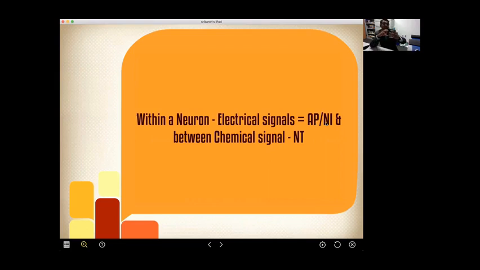The information between two neurons, through the synapse, is transferred in the form of chemical signals called neurotransmitters. That's why, remember earlier I said that information is carried in the nervous system in two ways, electrical and chemical. That's why it's an electrochemical messaging system: electrical in a given neuron and chemical between any two neurons.